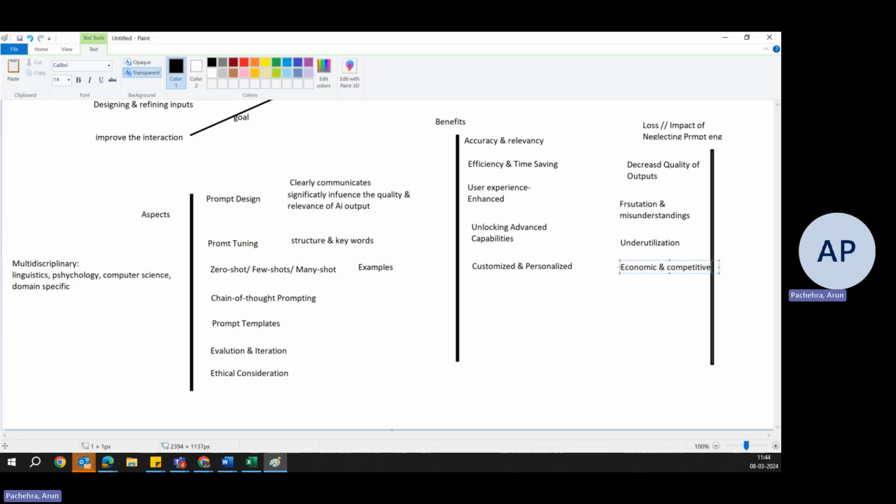So, a business using an AI for generating product descriptions without fine tuning prompts may end up with off target or some vague content, reducing customer engagement compared to the competitors who know how to harness AI more effectively. So, in summary, prompt engineering plays a crucial role in maximizing the effectiveness, efficiency, and ethical use of AI models.